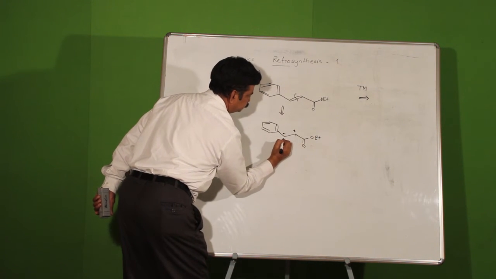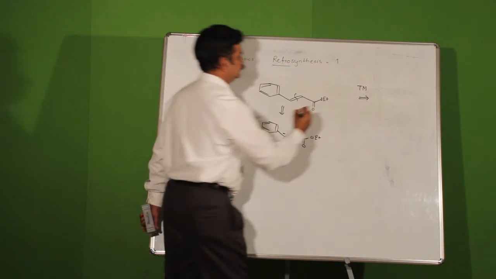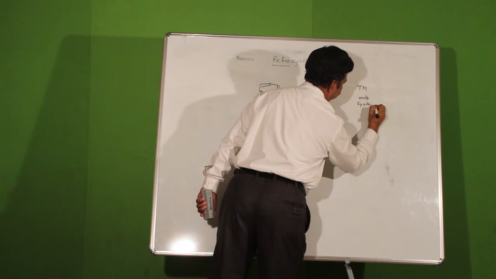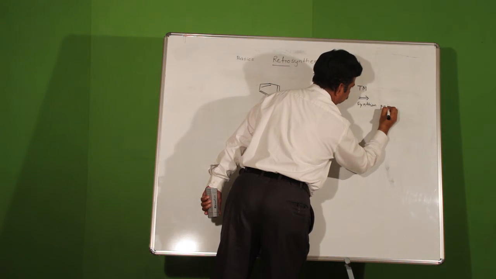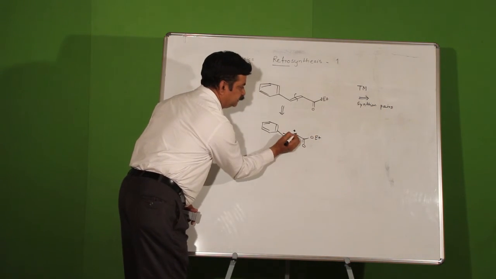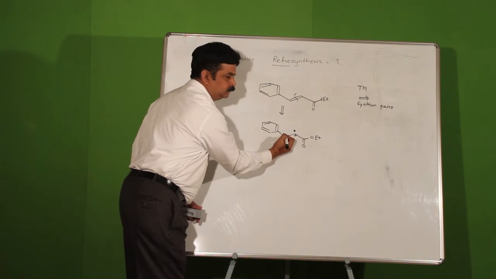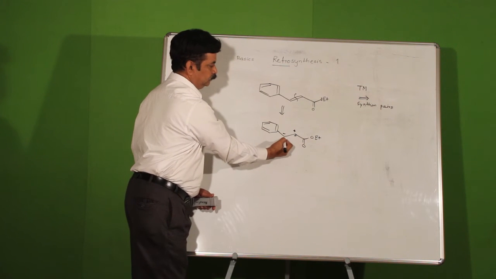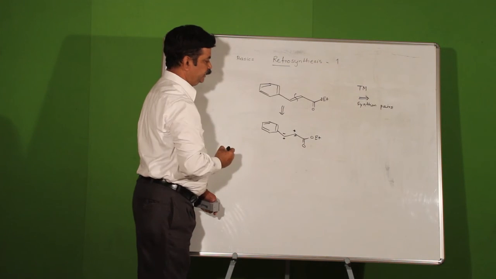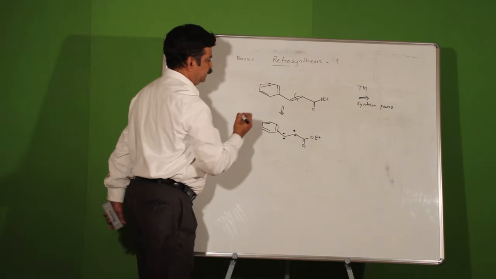Plus, minus, plus, minus. These two are called synthon pairs. Now, whether this synthon pair is good or this synthon pair is good: minus is next to carbonyl, plus is next to benzene, or plus is next to carbonyl, minus is next to benzene.